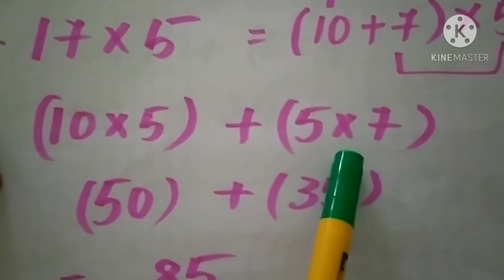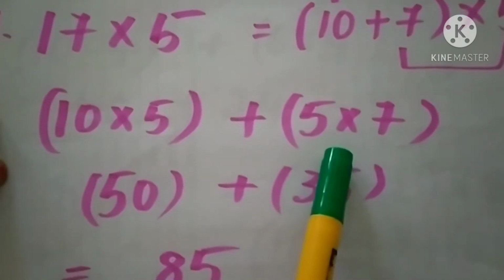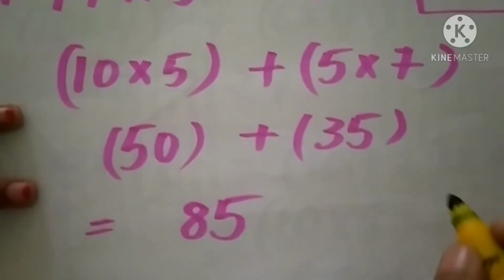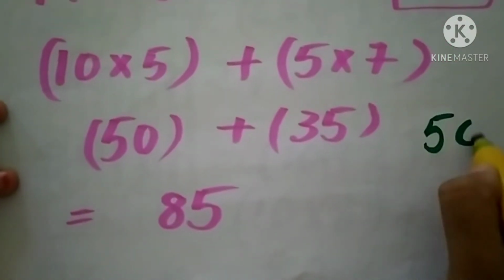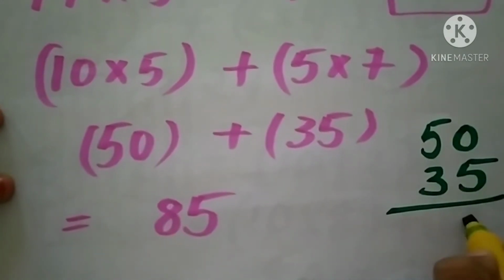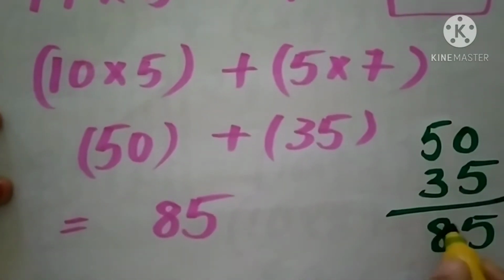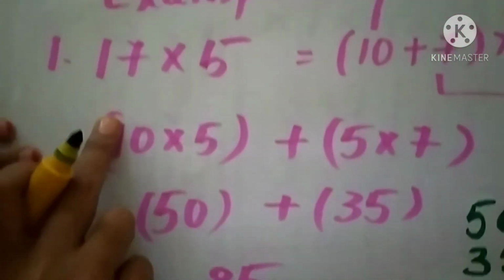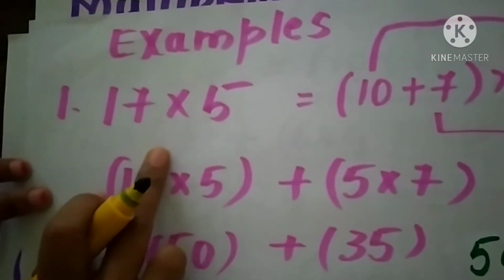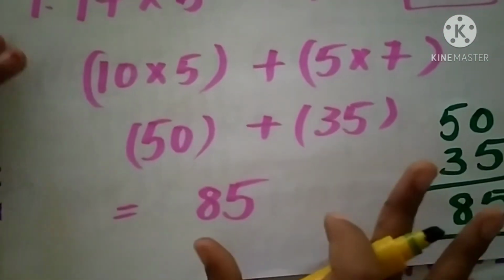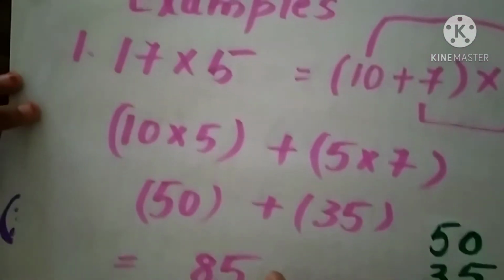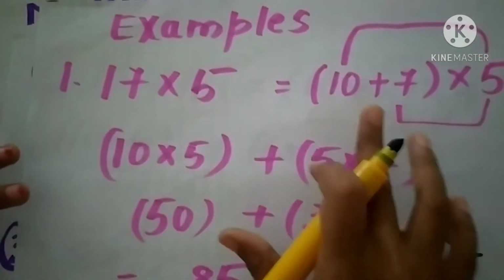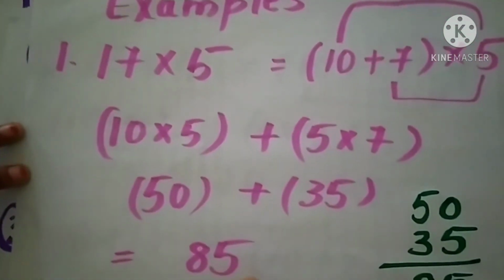Plus 7 5s, you already know the tables, right? 7 5s are 35. So when you add 50 plus 35, 5 plus 5 is 0 carry, you get 85. You check the 17 table, 17 into 5 you will get as 85 only. So this is one of the tricks. That means first you expand the big number, then you use the distributive property like this. Then you will get the proper answer.